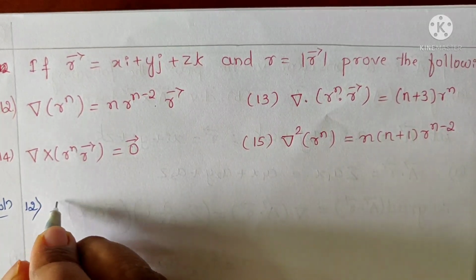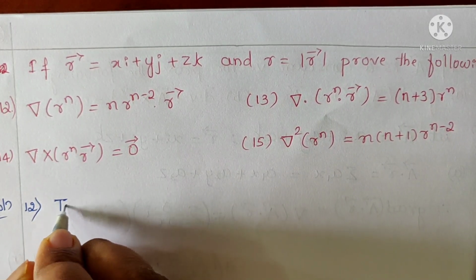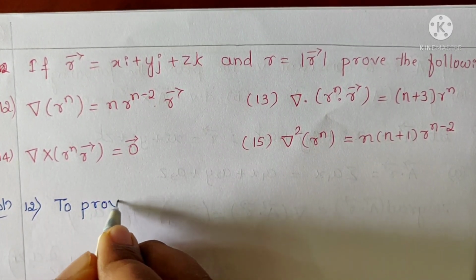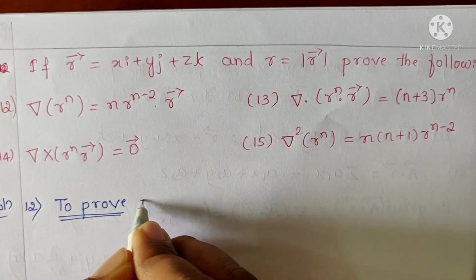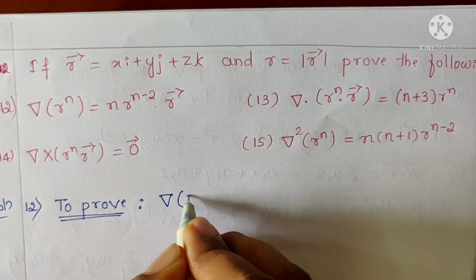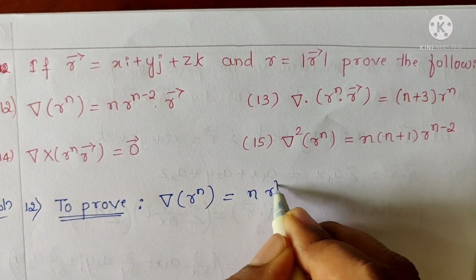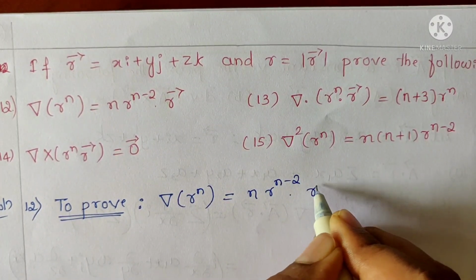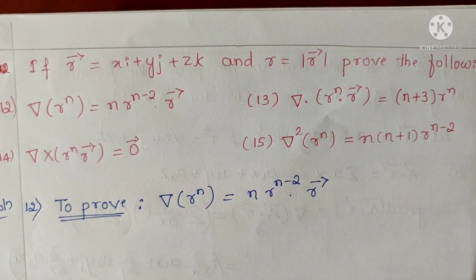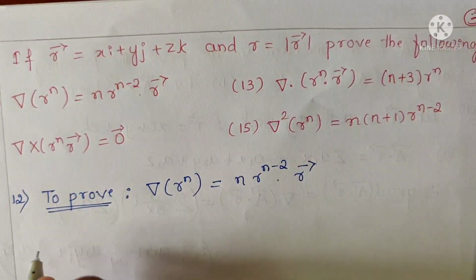So what is asked to prove: del of r^n is equal to n r^(n-2) into vector r. So what is given?